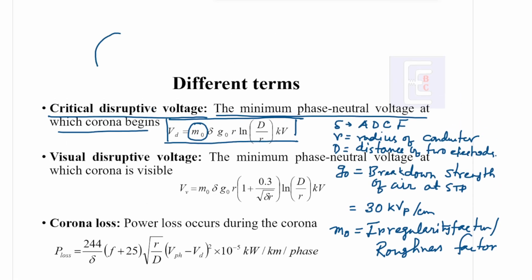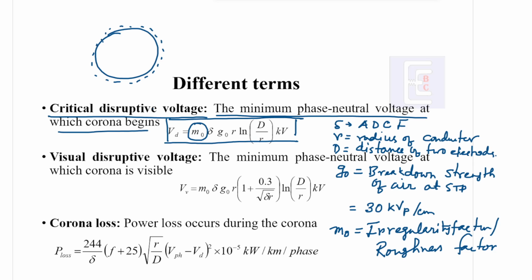Due to pollution or many other reasons, the surface of the conductor is not so clean. It is polluted with some dust particles and other impurities. So the surface of the conductor itself is not clean.